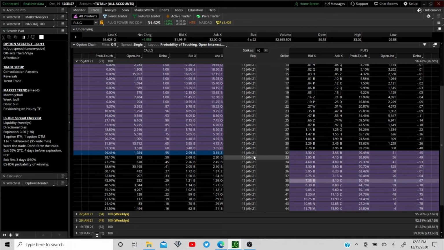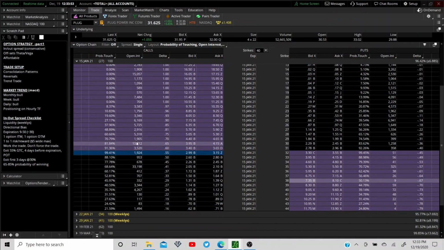Well, that's not in our game. We want to keep it a little bit lower, like Apple. Maybe they have $5 wide strikes, and we want to limit it to that at this point. This is more of a beginning strategy, very conservative. We don't want to mess with huge dollar amounts for the underlying, such as Amazon.